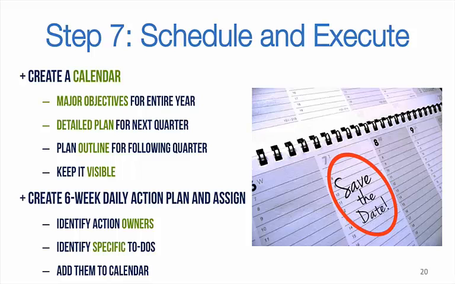Then take the next quarter, the next 3 months, and put a very detailed plan on your calendar. At our company, literally every day we have the marketing activity detailed out. Let's say that we're doing a campaign to get new customers, and that involves doing a webinar like this and a series of emails before it and a series of emails after it.